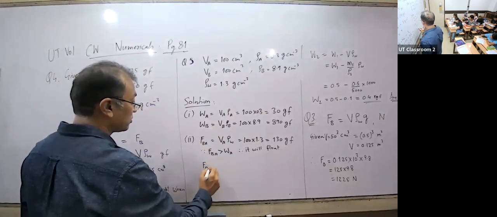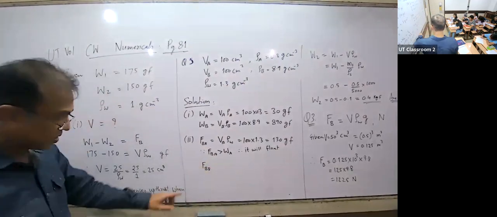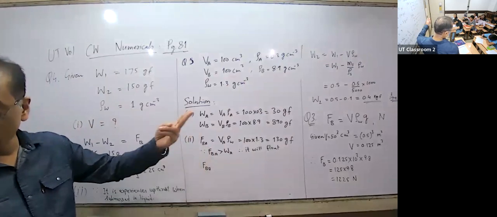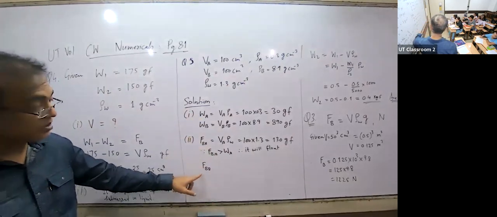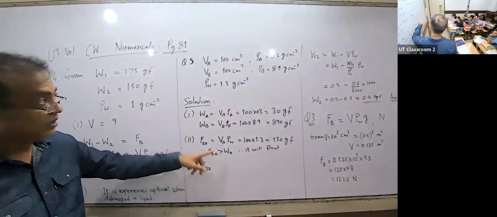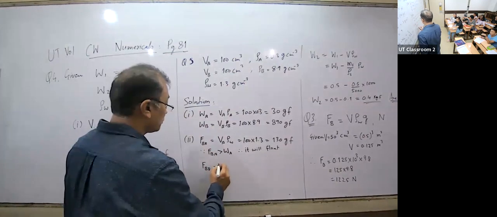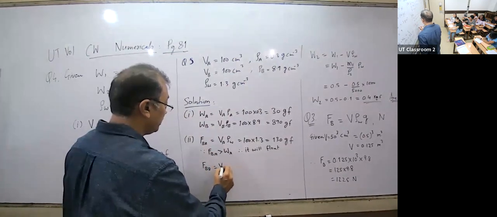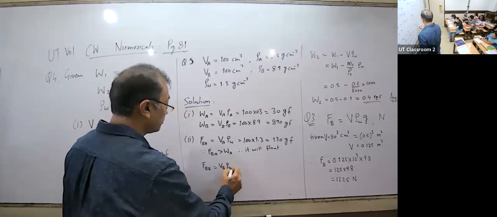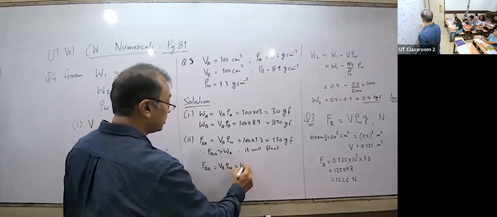Likewise, what is upthrust on the second body? FBB. I'm modifying the symbol because now we have two bodies A and B. The general symbol we use for upthrust is FB, but FBA for A and FBB for B. So this is volume of B into density of the liquid in which it is put. What is volume of B? 100.